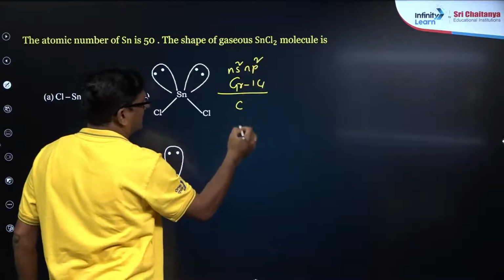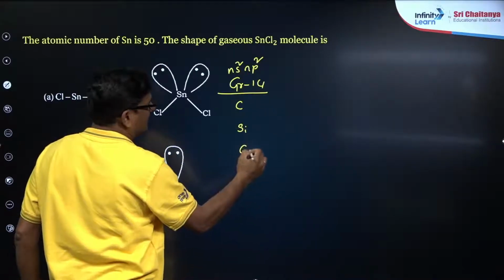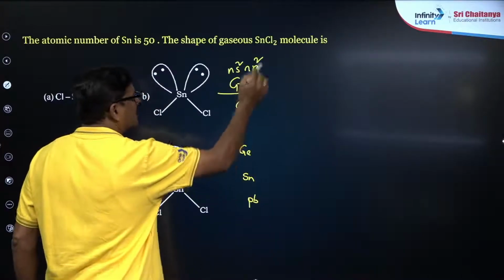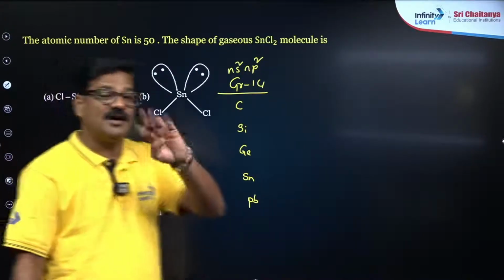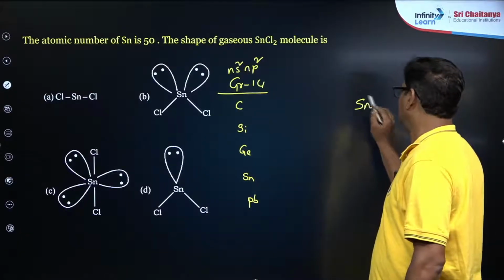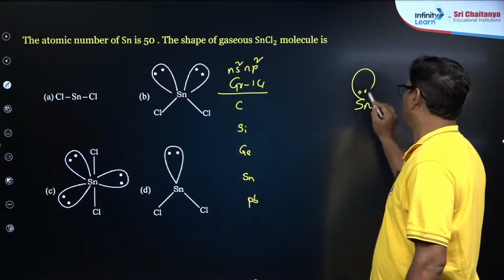They are carbon, silicon, germanium, tin and lead. So all have valence electrons 4. What does 4 mean? Tin has a lone pair of electrons on it.